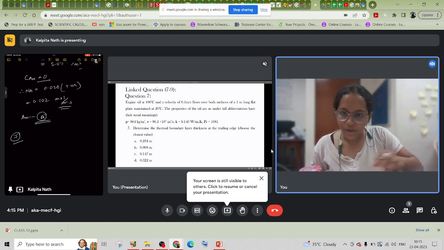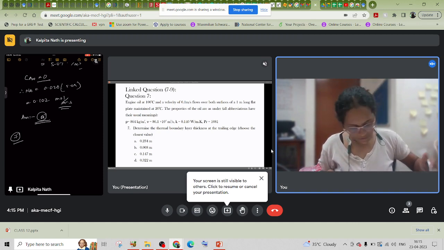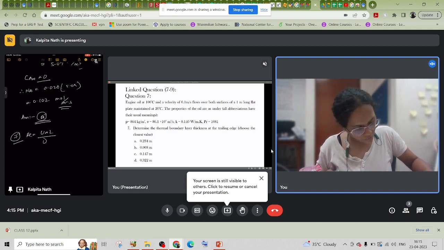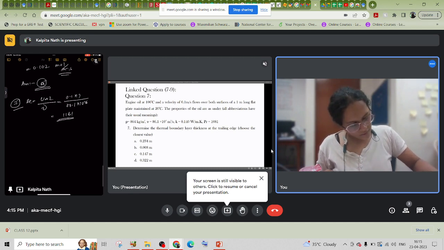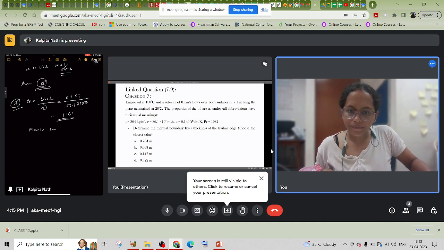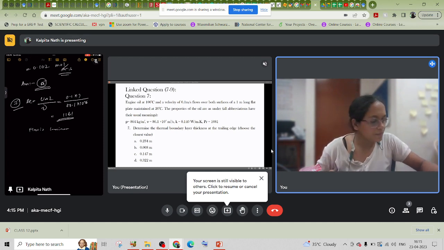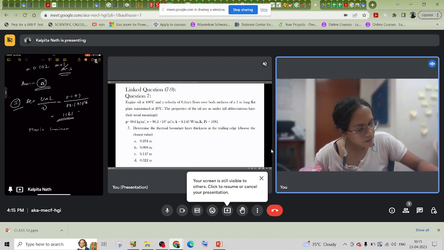So for this question, we determine the thermal boundary layer thickness. First we'll find the Reynolds number. The Reynolds number is U infinity L by nu, that is 0.1 into 1 upon 86.1 into 10 to the power minus 6. This is 1161. Hence, the flow is laminar, because for a flat plate, if it is less than 5 into 10 to the power 5, the flow is laminar.